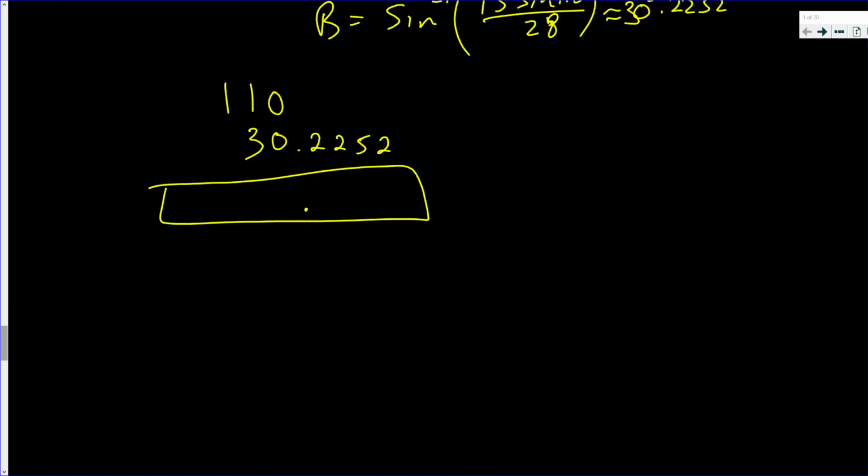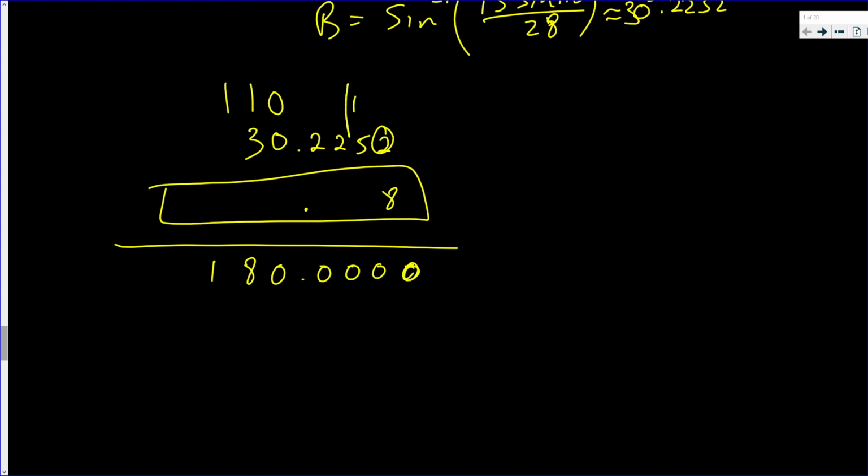It's going to be a decimal, and it's going to add up to 180.0000. Well, 2 plus 8 gives me 0 and carry the 1. This column is 6. I add 4 more, I get 10. Bring down the 0, carry the 1. This column is 3. I add 7, I get 10, carry the 1.